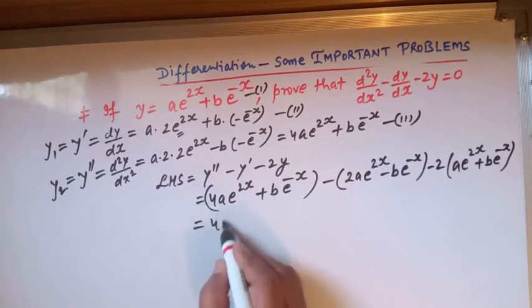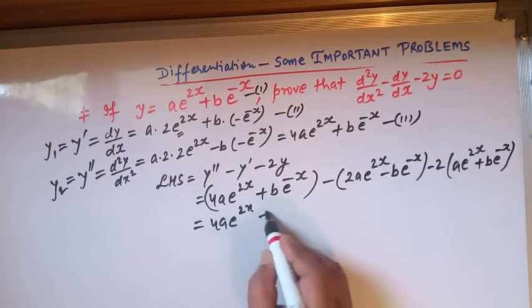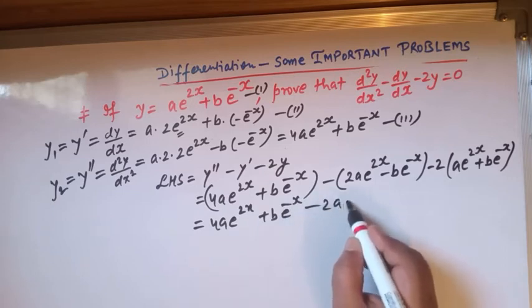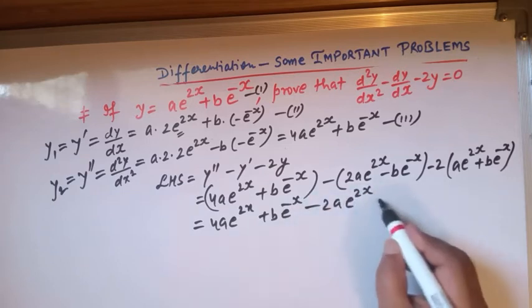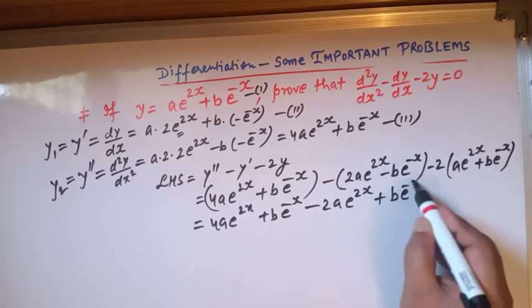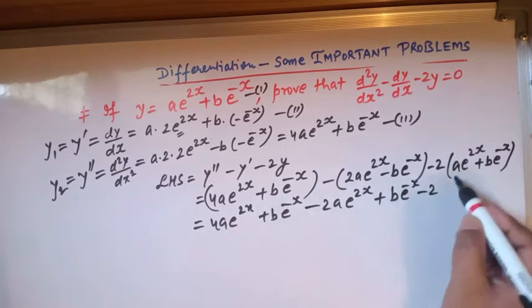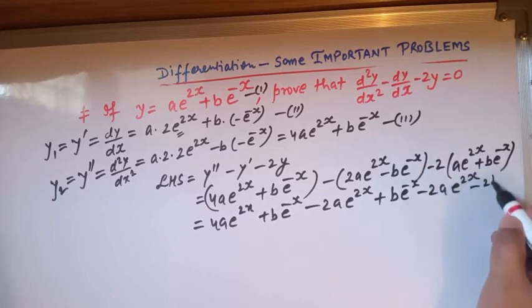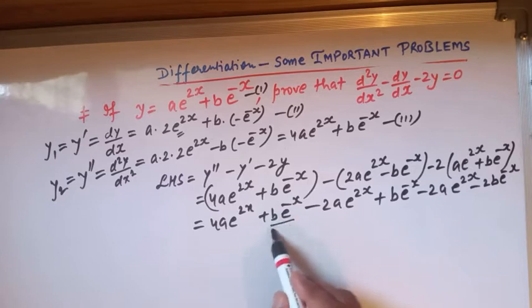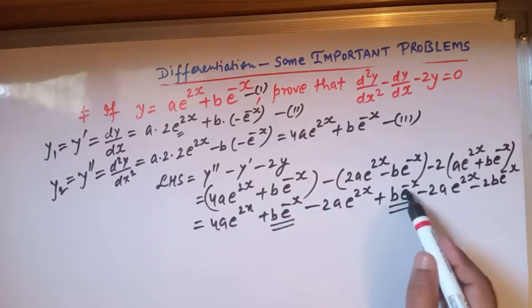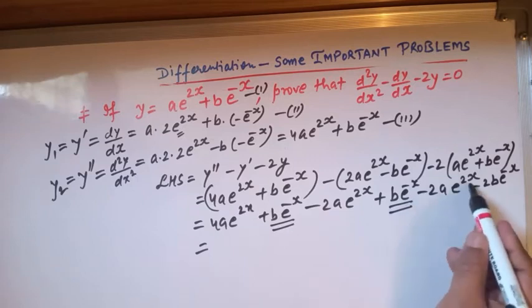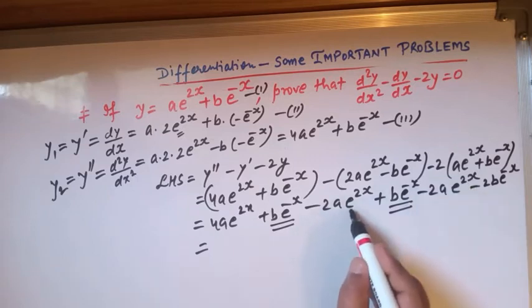So viewers, we have 4a e raised to 2x plus b e raised to minus x, minus 2a e raised to 2x plus b e raised to minus x. Then we have minus 2a e raised to 2x, and we have minus 2b e raised to minus x. So this is b e raised to minus x, b e raised to minus x. And here we have minus 2a e raised to 2x, minus 2a e raised to 2x.